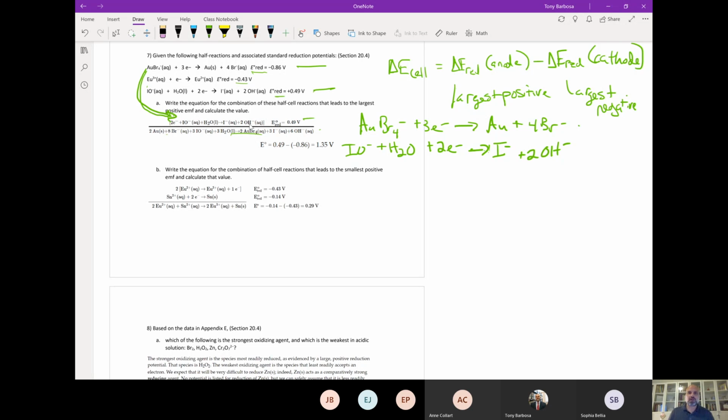So we needed to first recognize that both of these electrons are on the same side, right? So in order to determine which is reduced and which is oxidized, the one with the largest reduction potential is going to be the one that's going to be reduced. So this equation is going to stay in the forward direction. The upper equation, because it's the smallest number, is going to go in the reverse direction, which is what I should have done here. So let me reverse the equation.